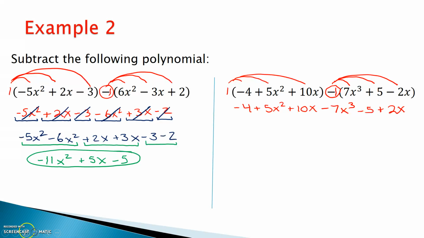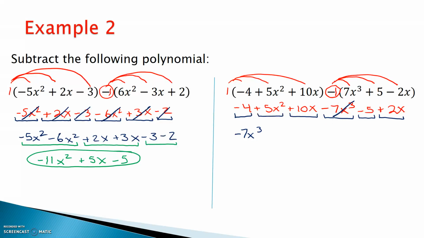All right, awesome. Let's jump into writing it in standard form. Now, I have 1 term, 2, 3, 4, 5, 6. All right, so there's 6 terms. What's the highest degree? I see that I have the third power over here, so I'm going to write this one down first, and it's a negative 7. So negative 7x to the third. Cross that off.